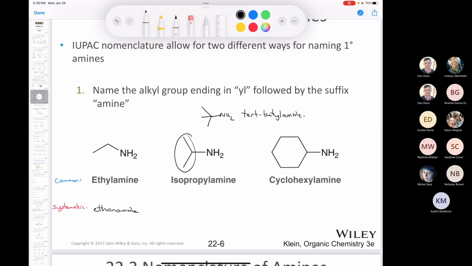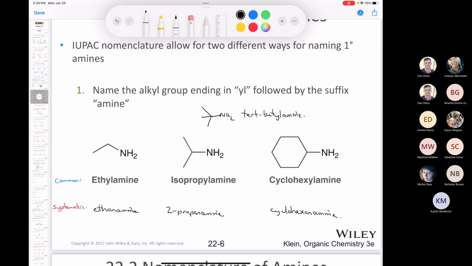The longest carbon chain is 3 carbons, so you'd call this 2-propaneamine. And then this one, you have cyclohexane, so it would just be cyclohexaneamine.